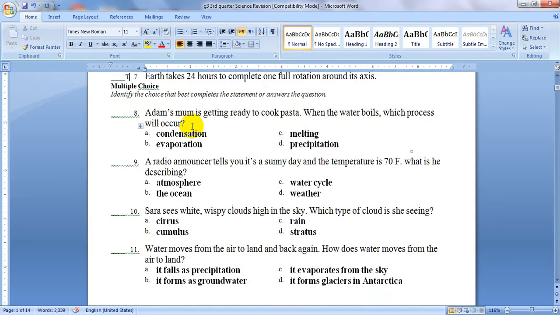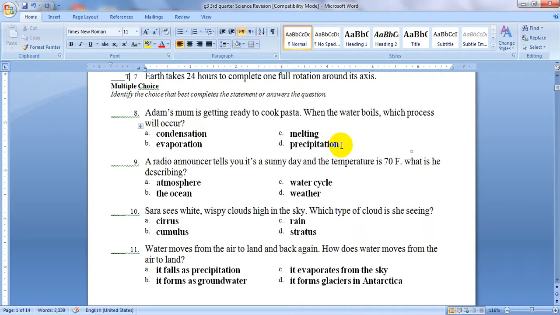The water boils, so the temperature will be higher. Which process will happen here? We used a lot of heat during boiling. Is it condensation, evaporation, melting, or precipitation?